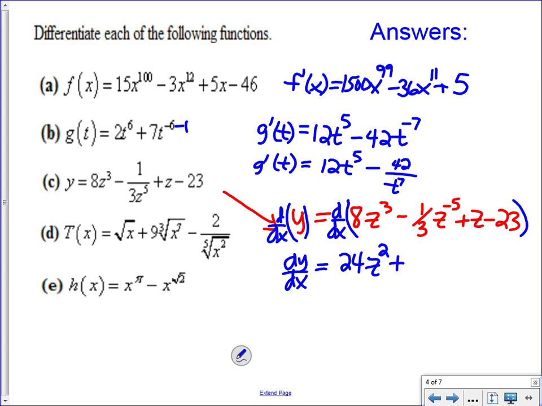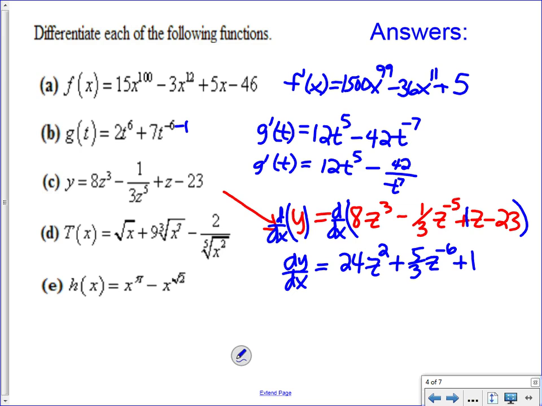So first of all, it's going to be positive, and then 5 times 1/3 is just 5/3, z to the negative 6, because when you subtract 1 from the negative 5, you get negative 6. Okay, and then we're going to have plus 1, which comes from the z, okay, that has a 1 in front of it. We just don't simply write it. And we're done with our derivative.